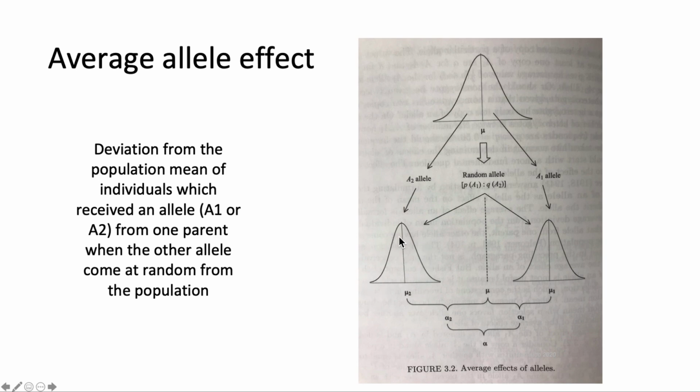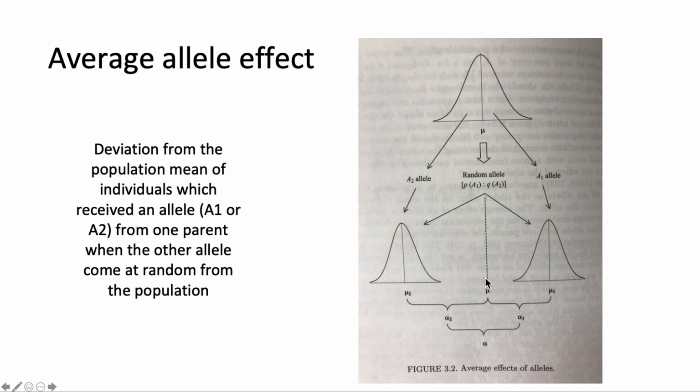So we have one subpopulation that has the A2 allele, and the other allele comes randomly from the population. And we have the same case but with the other allele: other individuals that have the A1 allele and another allele that comes randomly from the population.